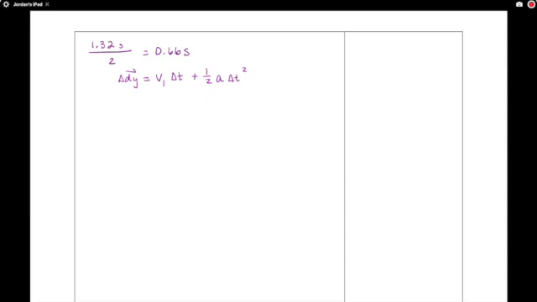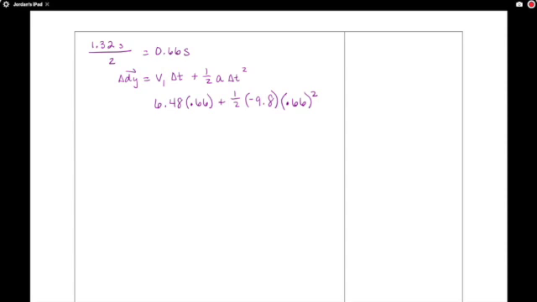Okay, so plugging in what we know, our initial velocity in the y direction is 6.48 meters per second, times our time, which is 0.66, plus 1/2 times our acceleration, negative 9.8, times time, which is 0.66 squared.